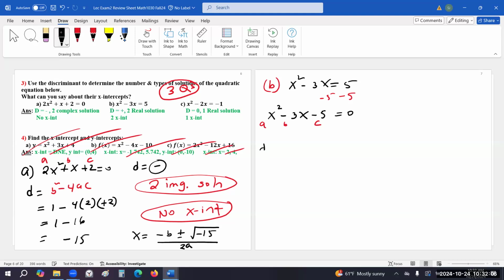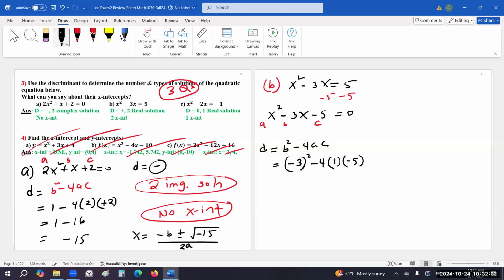So again, our discriminant is B squared minus 4AC. So this time, what is our B? Negative 3. So negative 3 with the whole thing squared, minus 4 times 1 times, what is our C?